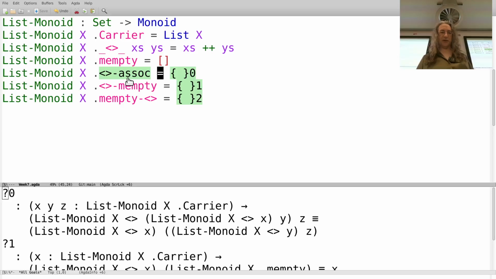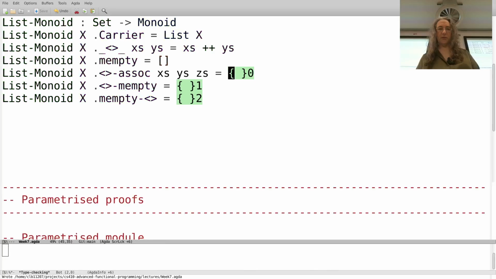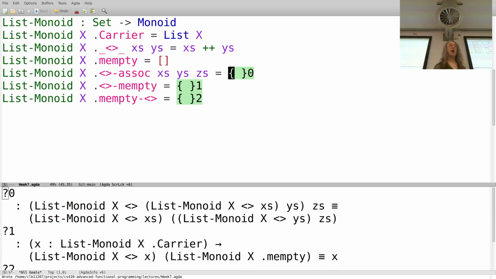So goal 0 is saying you've got 3 lists, you've got to prove this thing is associative. And so if I reload, I now have my 3 inputs on the left. And I'm free to do things like case analysis, right? We haven't lost the ability to do all of those lovely left programming things.